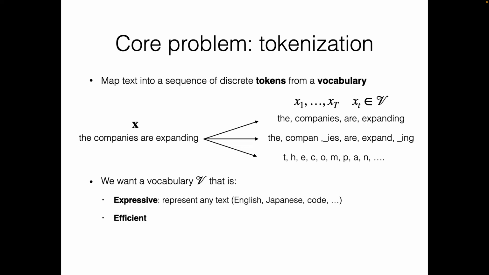And when you think about it, there are at least two things that you want from your vocabulary or your tokenization strategy. The first thing is that you want to be able to represent any text. So can anyone tell me an issue with splitting words by the white space in between words?